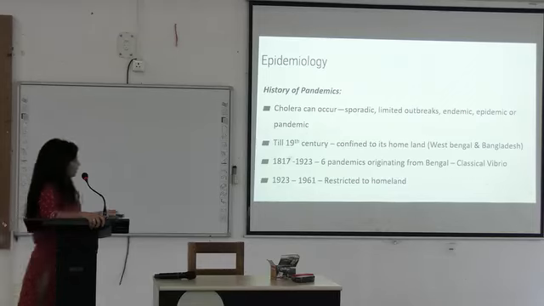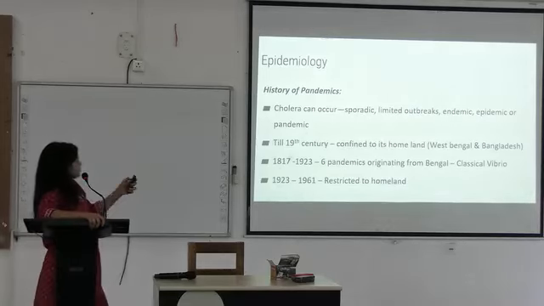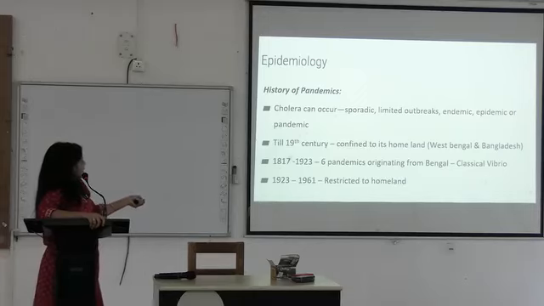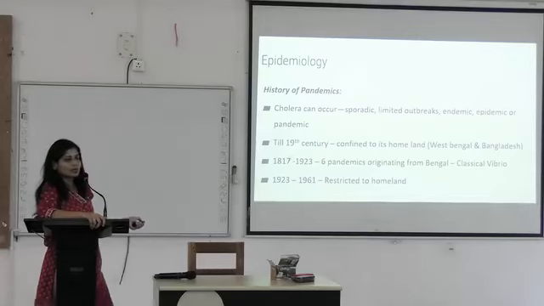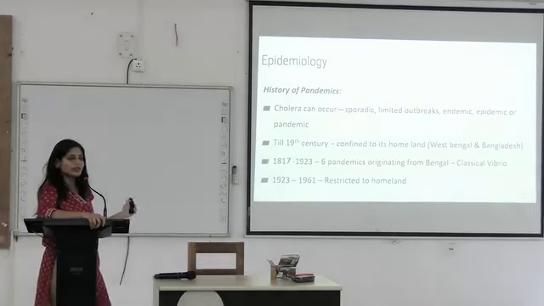Okay. Looking at the history of cholera, there have been 6 pandemics since 1817. Where did it originate? From 1923 to 1961, it was restricted to its homeland. But since 1961, cholera has been found everywhere in the world.